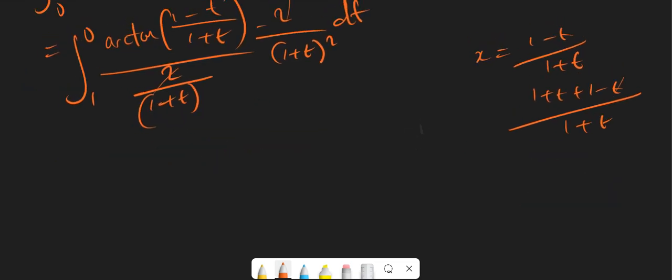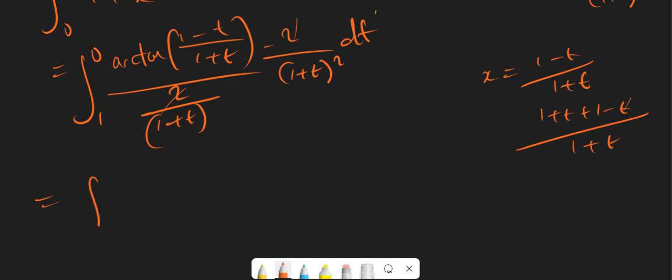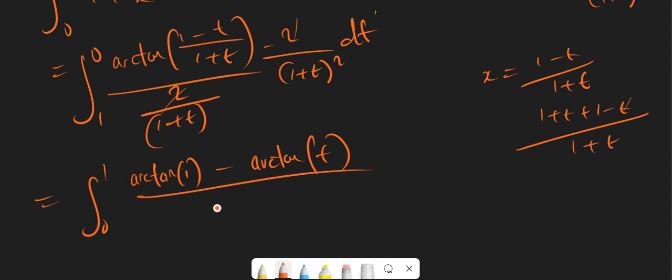Because of the negative, this becomes the integral from 0 to 1 of arctan of 1 minus arctan of t, all divided by 1 plus t dt.